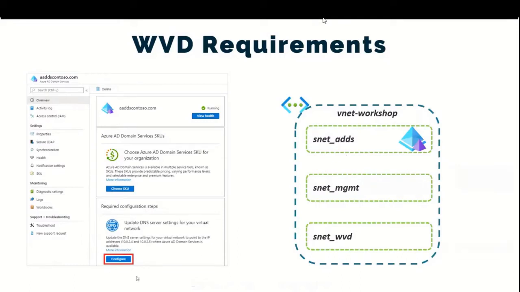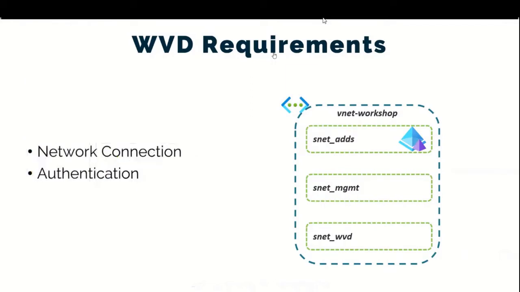So if you haven't done this before, please go now to your Azure AD Domain Services and click this configure button, because it will help in the deployment and will not cause any issues, right? You can do it now or a bit later, because I will remind you one more time. So yeah, the Azure AD and the VNet.